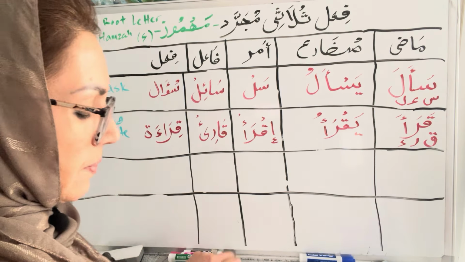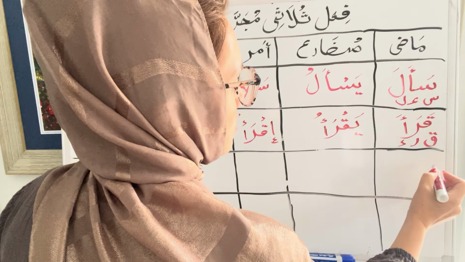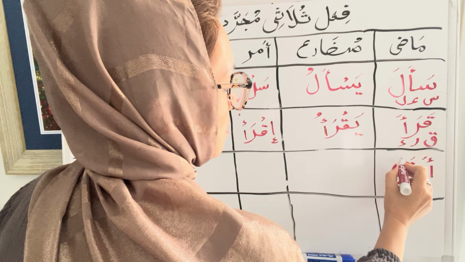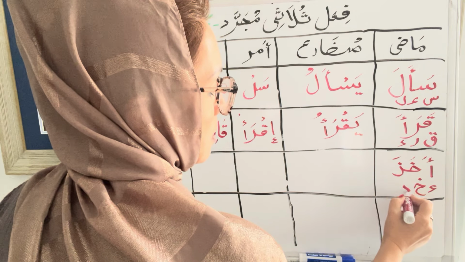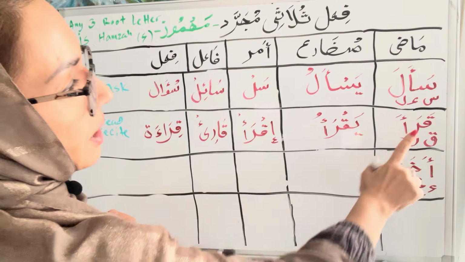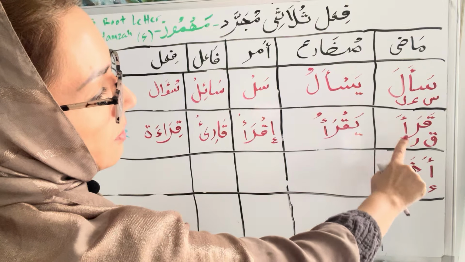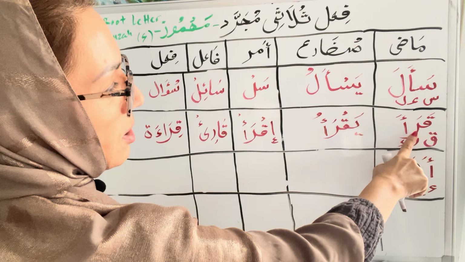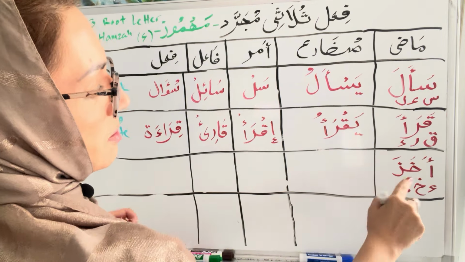All right. The next word is akhadha. It's hamza, kha, and zal. Notice in sa'ala the hamza is coming in the middle, and in qara'a the hamza is coming at the end of these three root letter verbs. Here the hamza is coming at the beginning, akhadha.